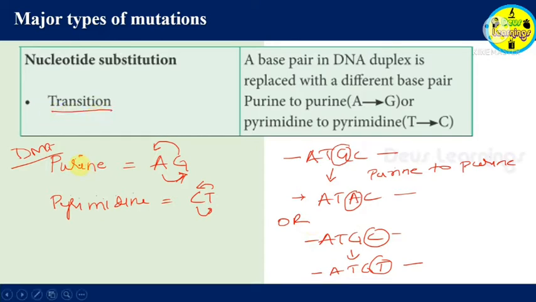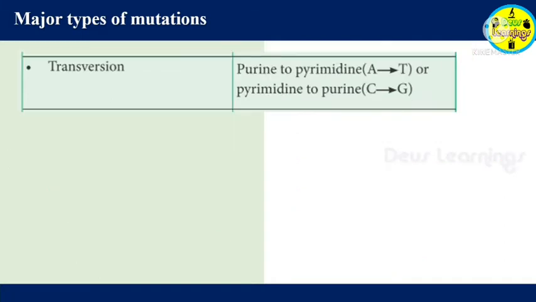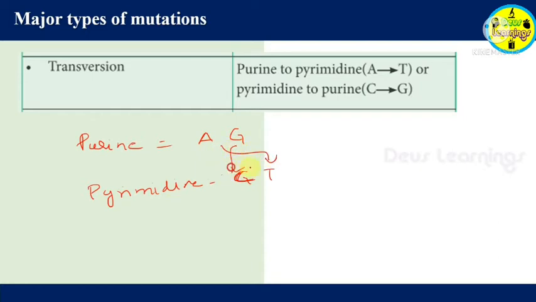Okay, let's see next. Next is transversion. In transversion, a purine is replaced by a pyrimidine, or a pyrimidine is replaced by a purine. Purine again is A and G, and pyrimidine is C and T. So if A is replaced by T, or G is replaced by C, we will say that is transversion.